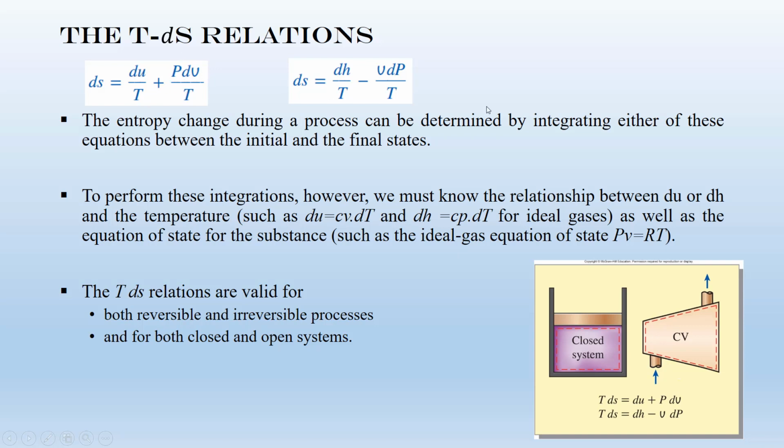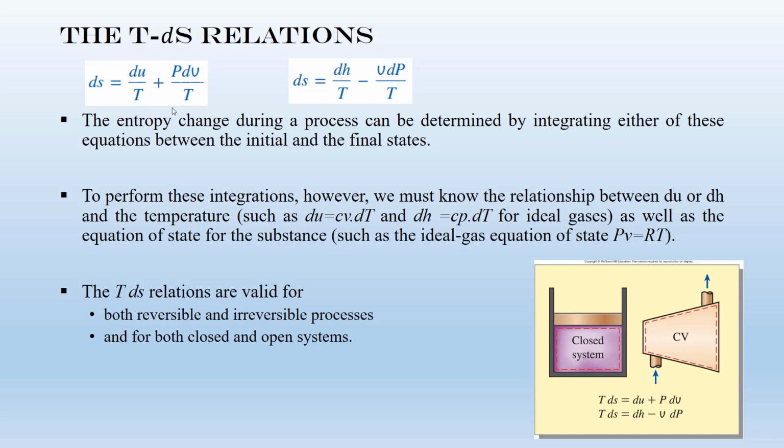What about the second term in these equations? You already learned the relationship between P, nu, and T. You learned the equations of state. You can use the equations of state and substitute into this equation to solve these two differential equations. So you have enough information to solve them.